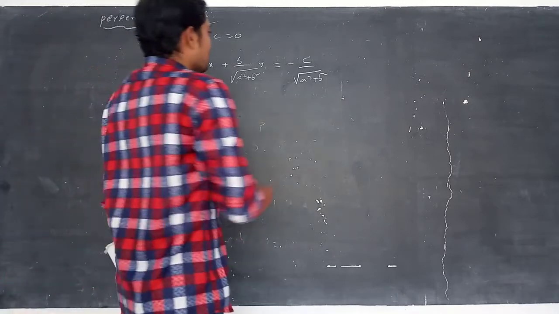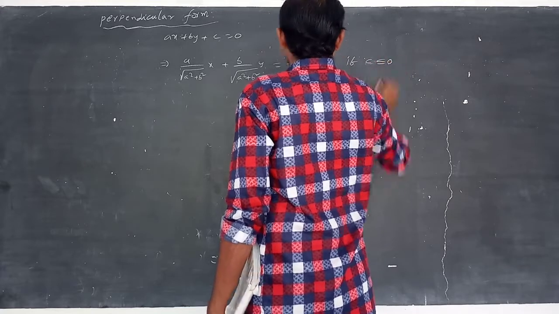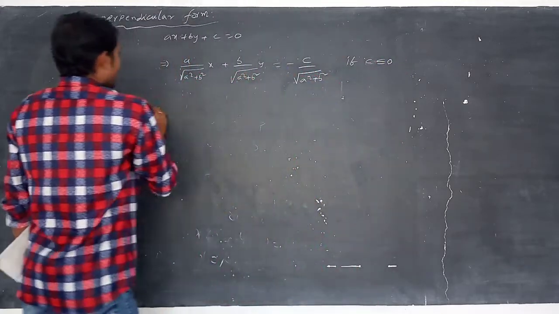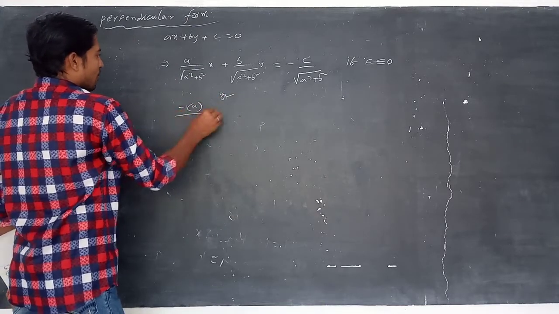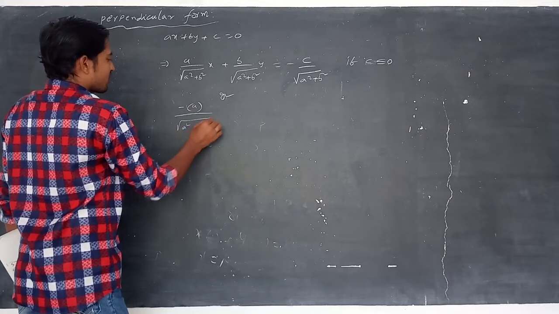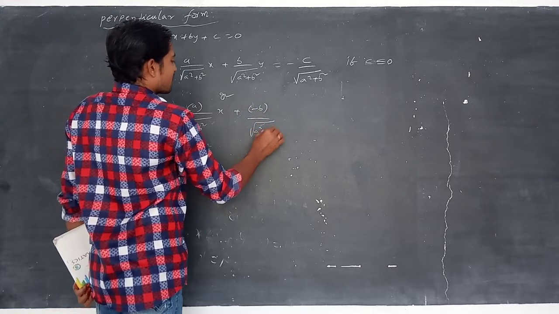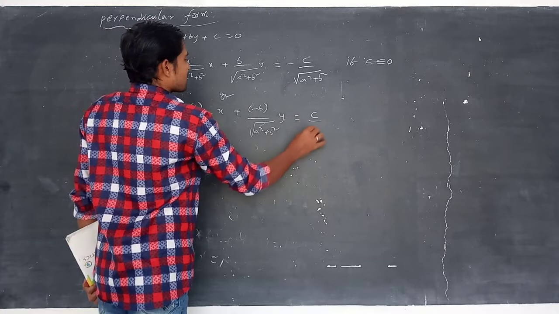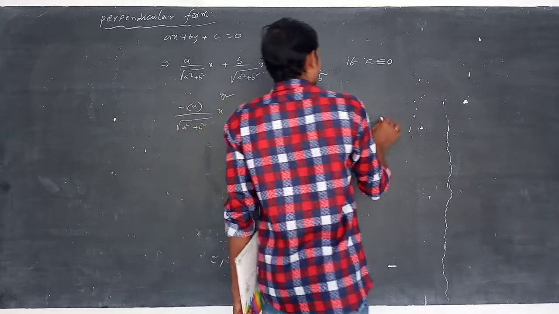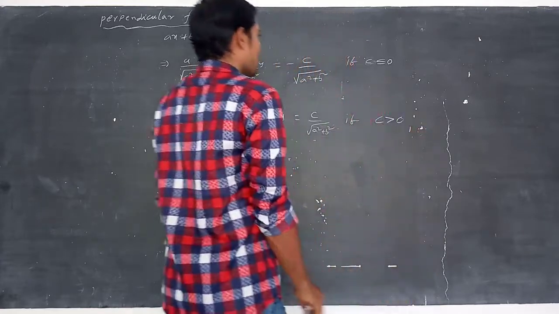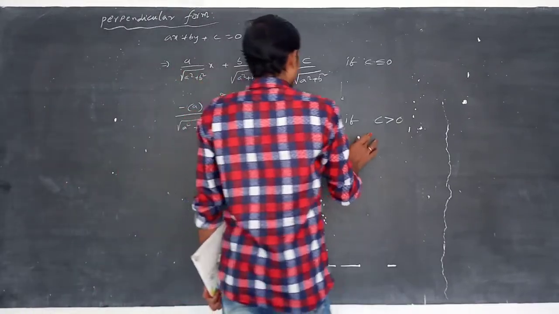which is applied if c is less than or equal to 0, or minus a by square root of a square plus b square x minus b by square root of a square plus b square y equal to c by square root of a square plus b square if c is greater than 0.